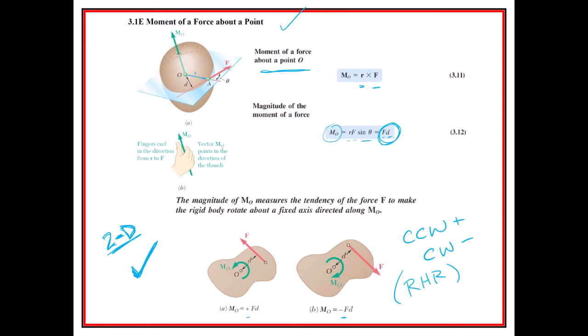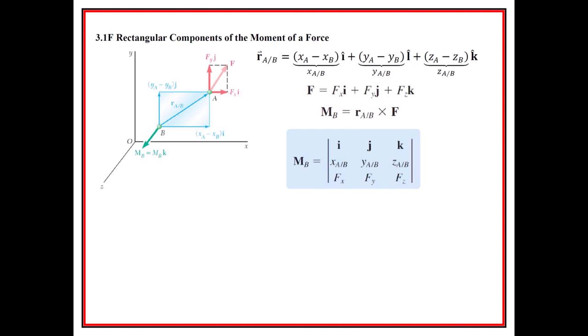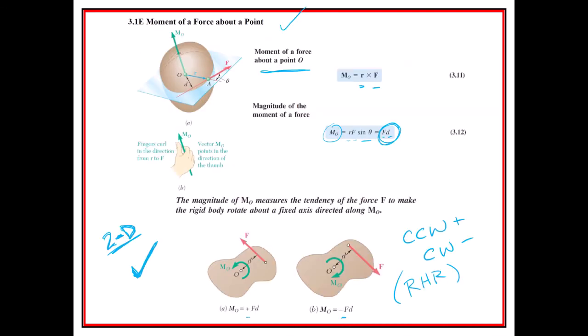Most of the time, I don't know if that's fair, we do a lot of 2D problems. In dynamics we just stick with 2D because it's hard enough in 2D. Three dimensions often cause some additional concerns, but for the most part we stay in 2D in dynamics. So just recognize that this is the situation we will look at quite often, and I definitely want you to be able to master this.